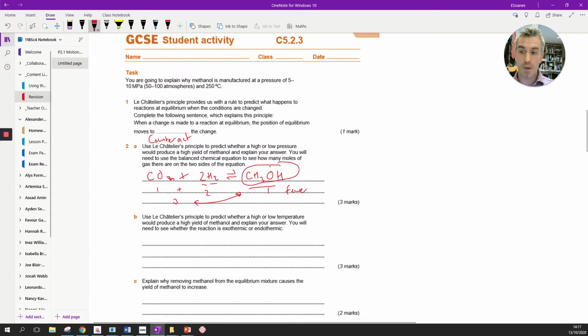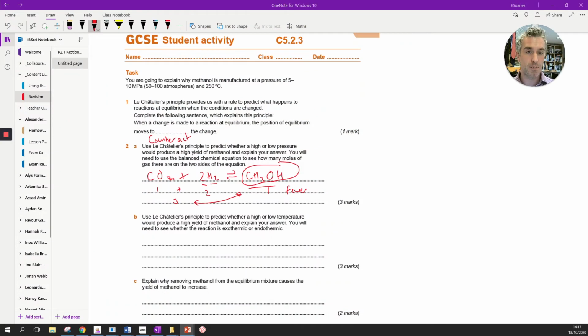You want the equilibrium to move to the side of CH3OH. That's what you need to find out. That's the side with the fewer molecules. Okay? So, what part of Le Chatelier's principle moves equilibrium to the side of the fewer molecules? Is it raising the pressure or is it decreasing the pressure? I can't remember this off the top of my head.